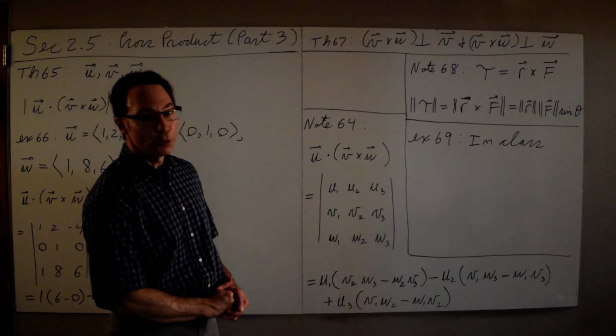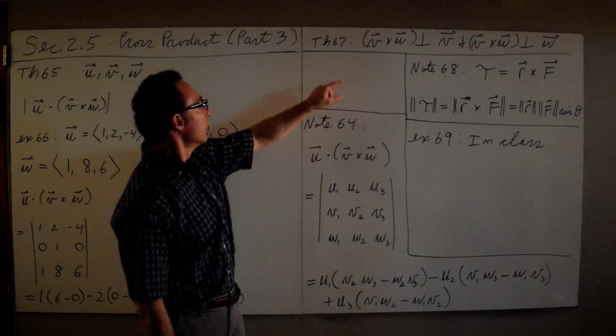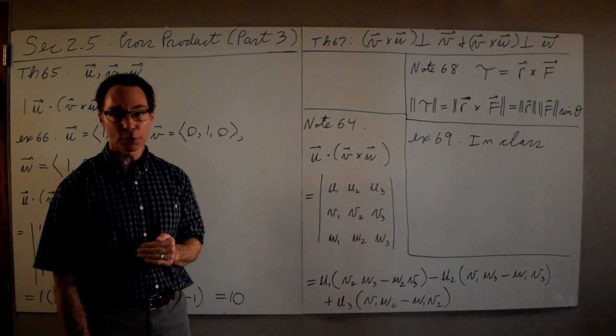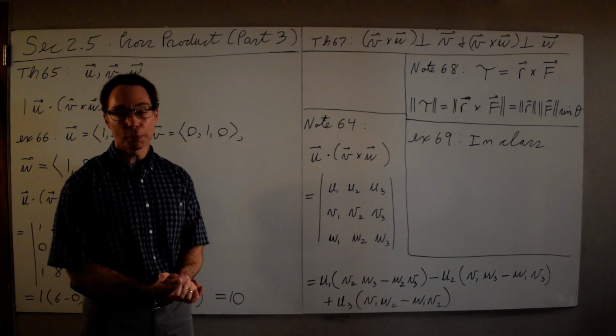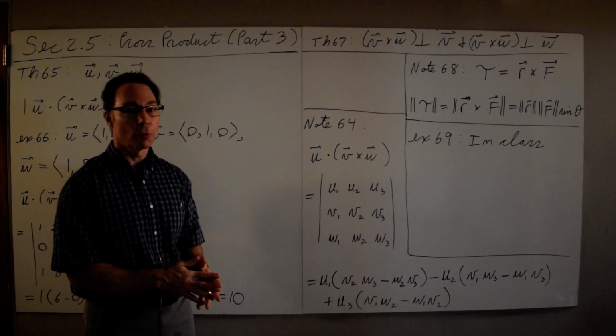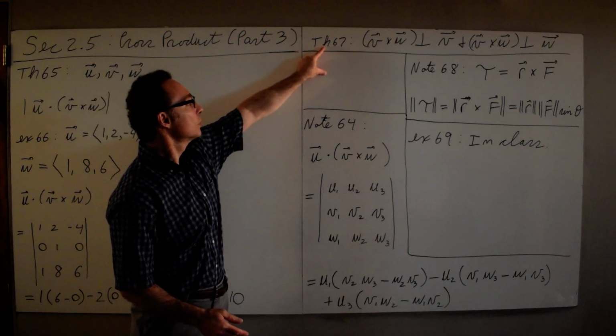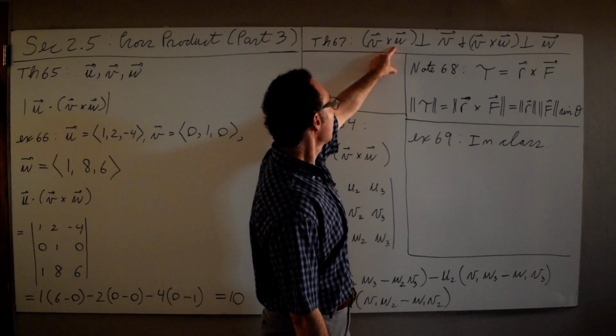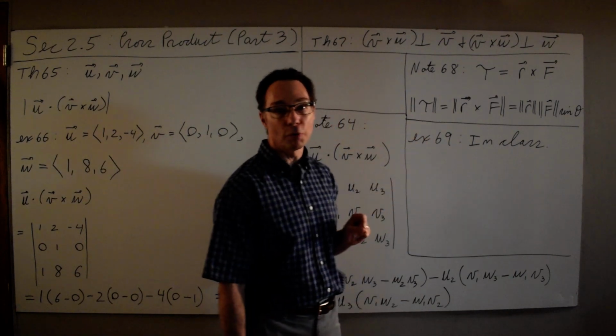Then we have theorem 67. This is a nice theorem. It's going to come in very handy in the first section of the next chapter, chapter 3.1 on planes. The idea is the cross product of two vectors is orthogonal to both of your vectors.